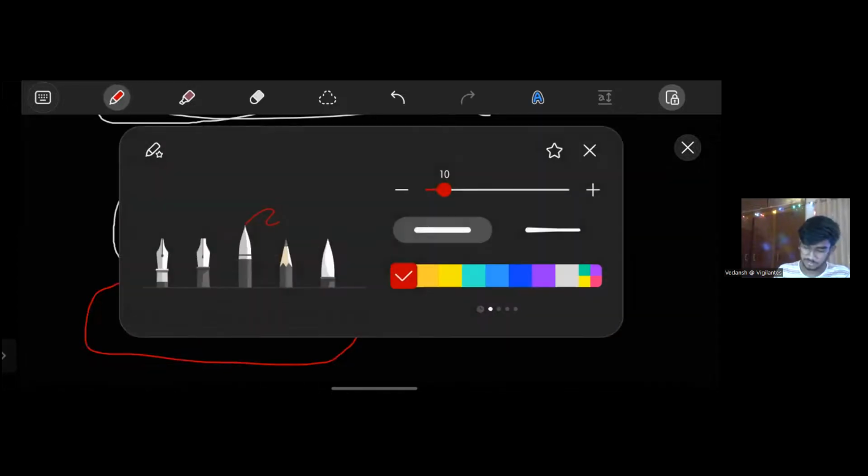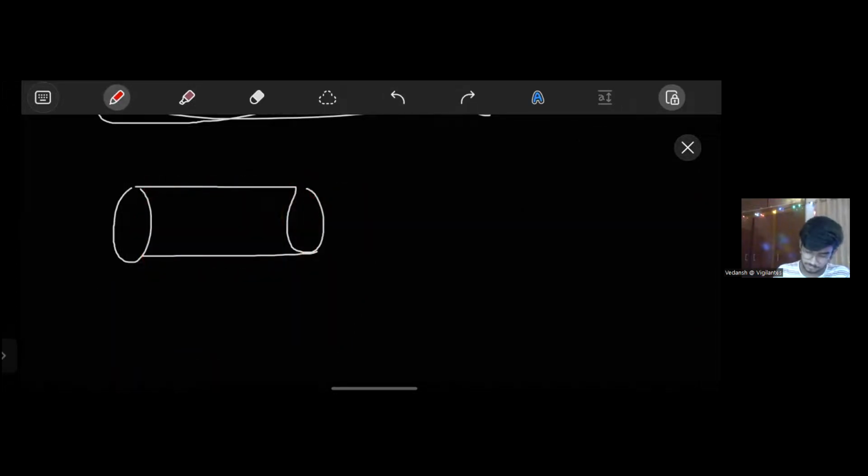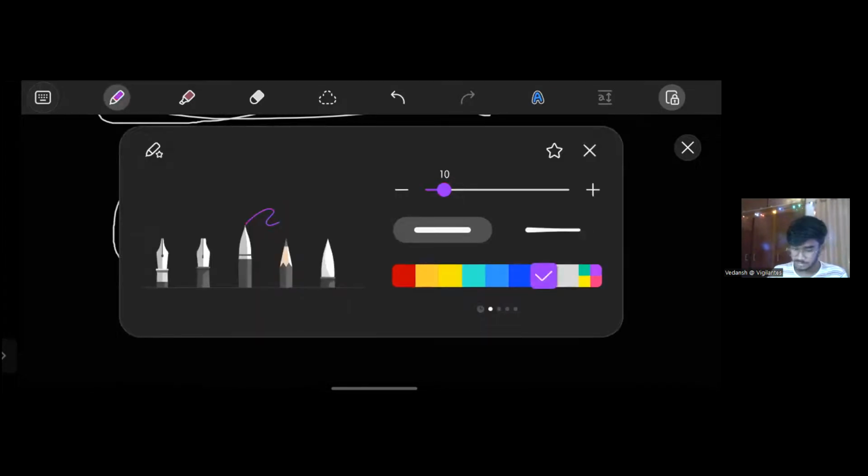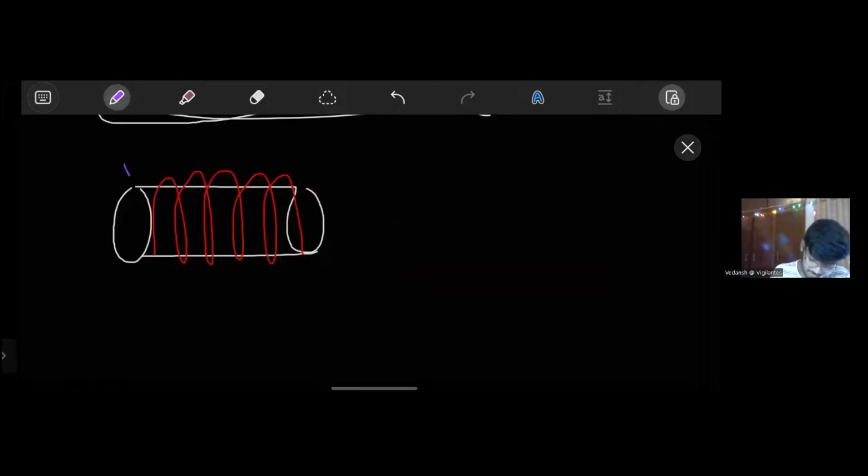Let us not make the circuit for easier reference. Just make the coils. Now, this coil has a knob attached to it, like so. A knob over here. So when you move this knob to and fro, it changes its resistance.